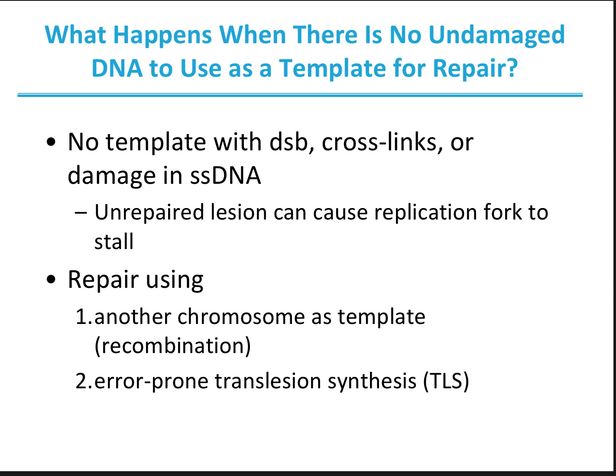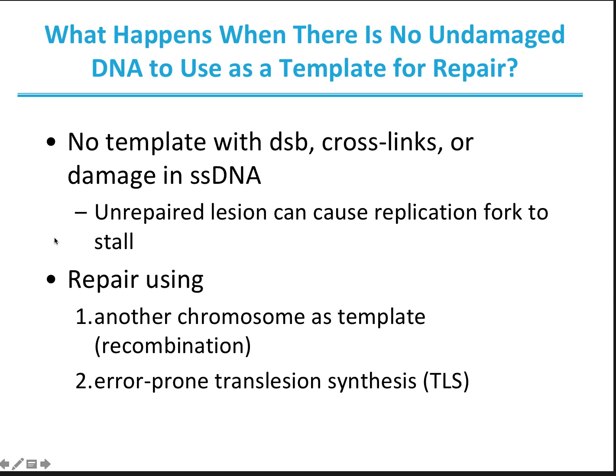So all of these repair mechanisms use the undamaged DNA as a template to correct mutation. However, that doesn't always occur. So sometimes the template strand itself is damaged. And we see this with double-stranded breaks, DNA cross-links, or when there's damage to single-stranded DNA.